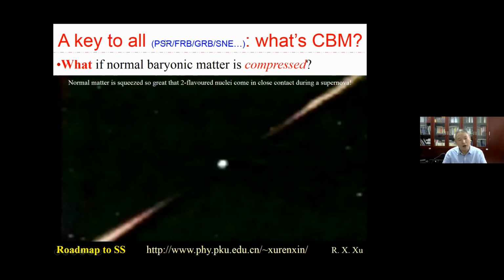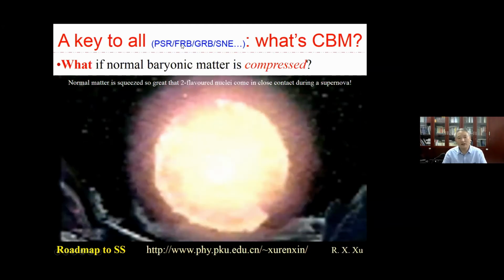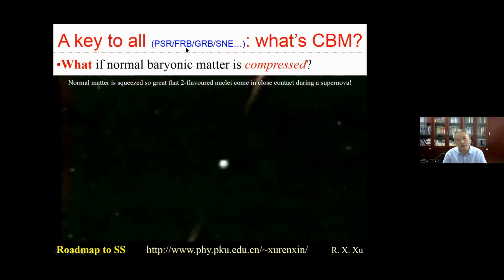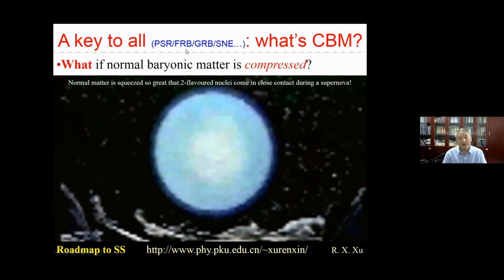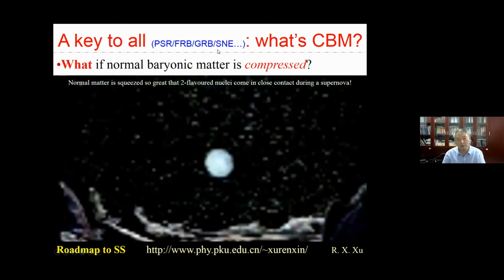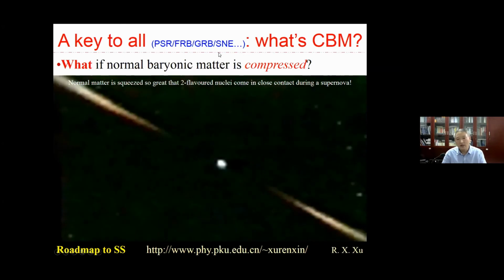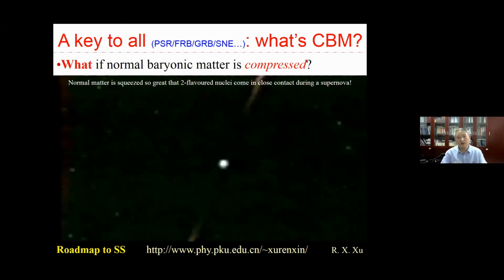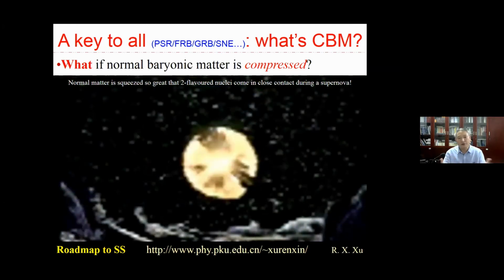For instance, pulsars, gamma ray bursts, FRB, fast radio bursts. This is a very hot topic. You know, this is a process of supernova and many others. For instance, nuclear synthesis, binary neutron star merger, nuclear synthesis.